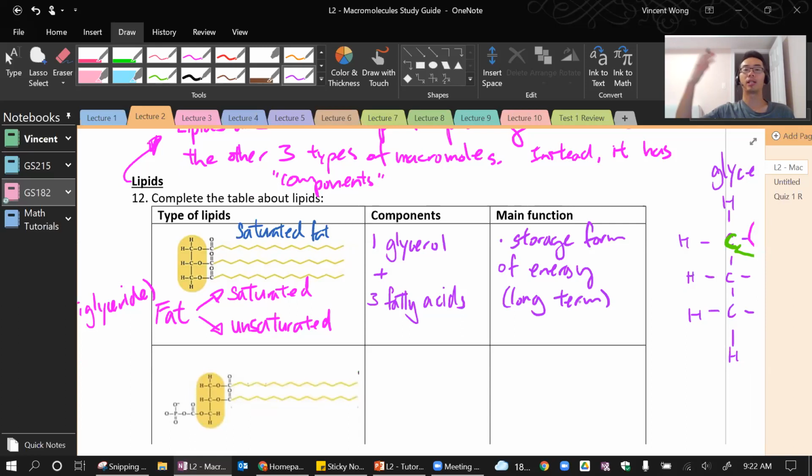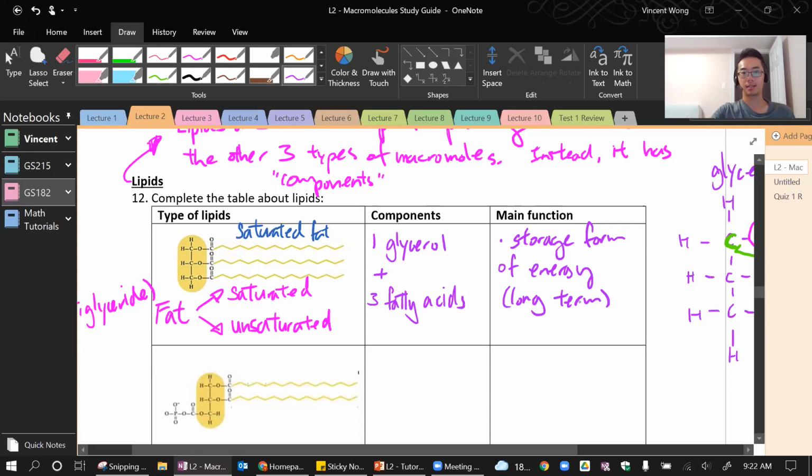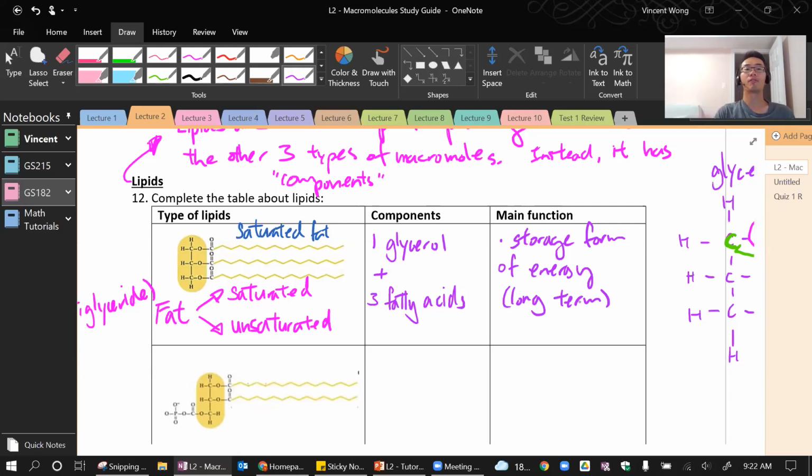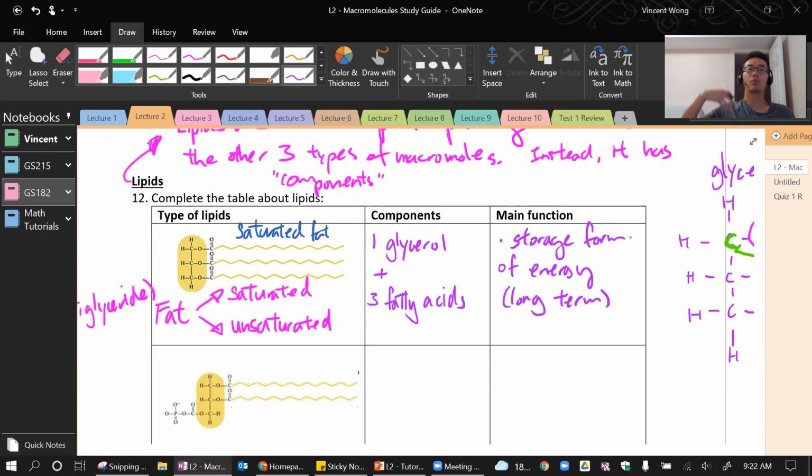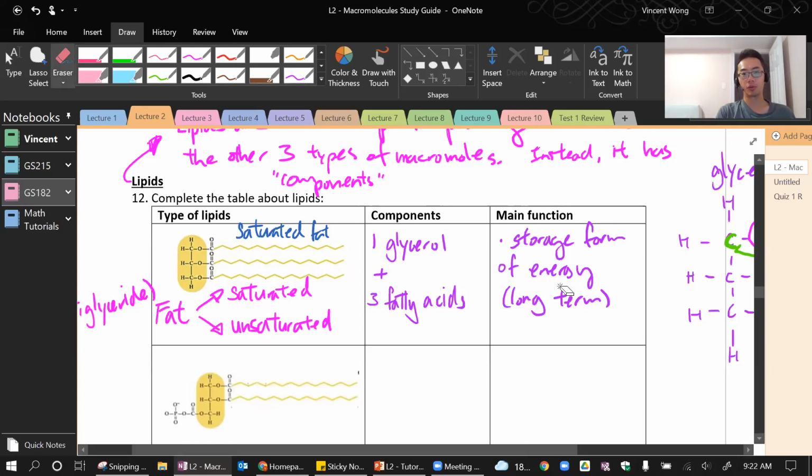Right now, you're burning your glycogen reserve. Those are short term storage. If you don't eat for a couple days, for whatever reason, then you will start to burn off your fat reserve. In fact, as little as 16 hours into fasting, you will start to burn off some of your lipid reserve.